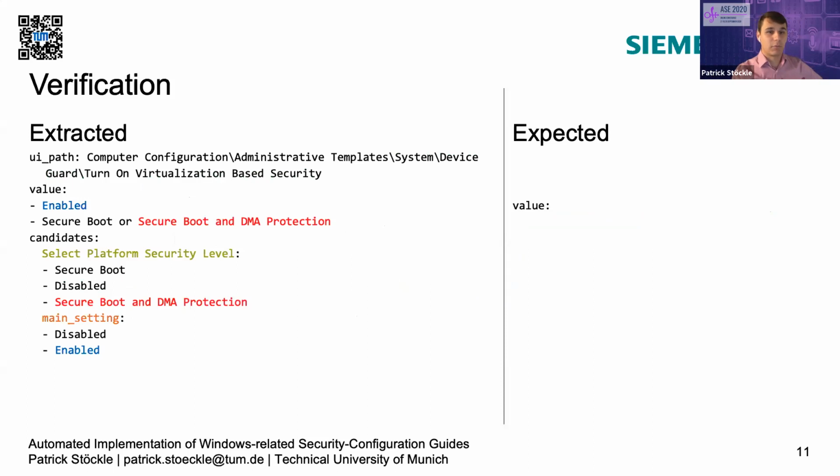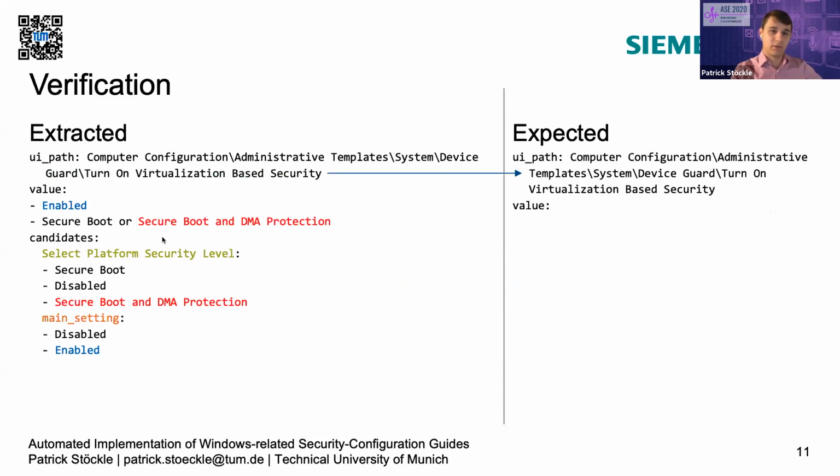Or let's make this a more complicated example. We have extracted the path correctly here, but we have not completely correctly extracted the values for this specific setting, because we need some main setting here, and two options here, and it's written, because it's written for humans, that both options are okay.